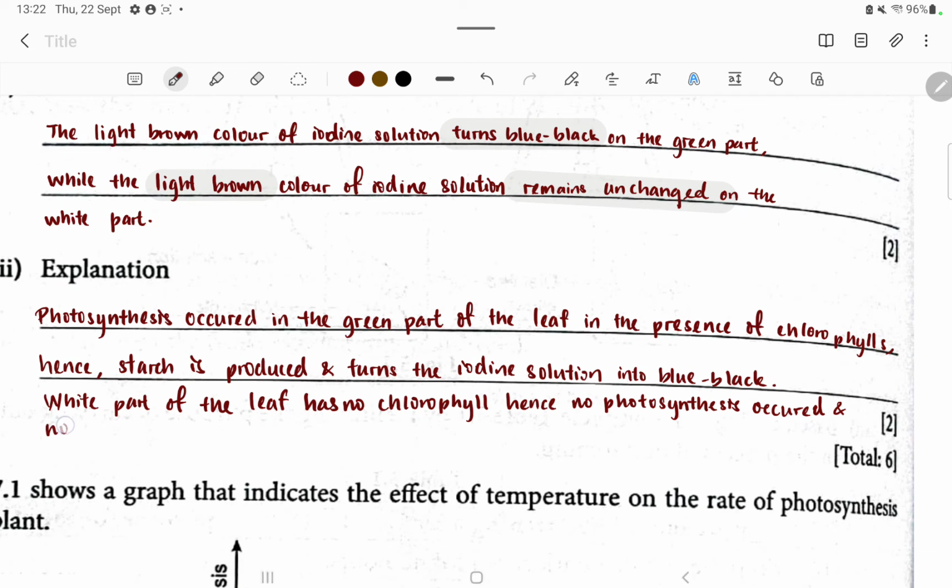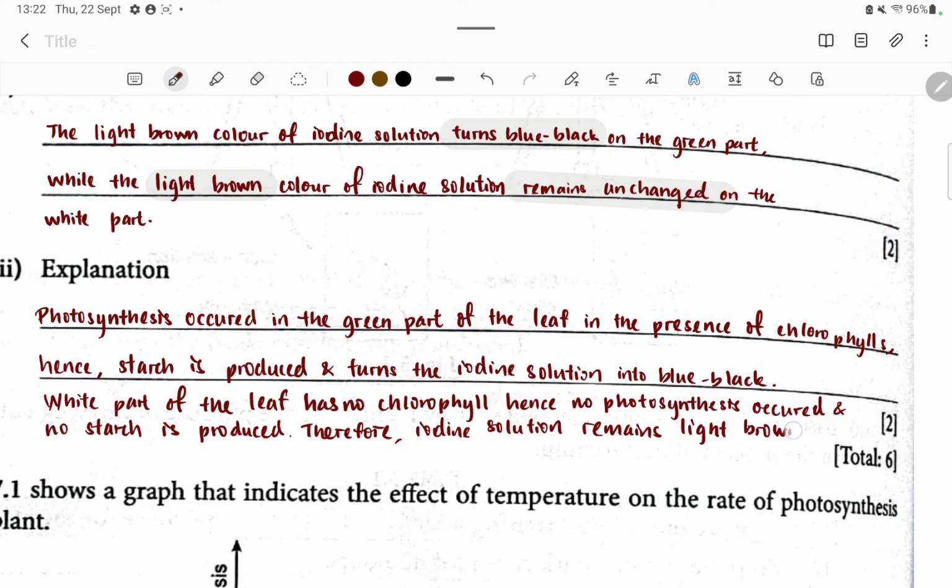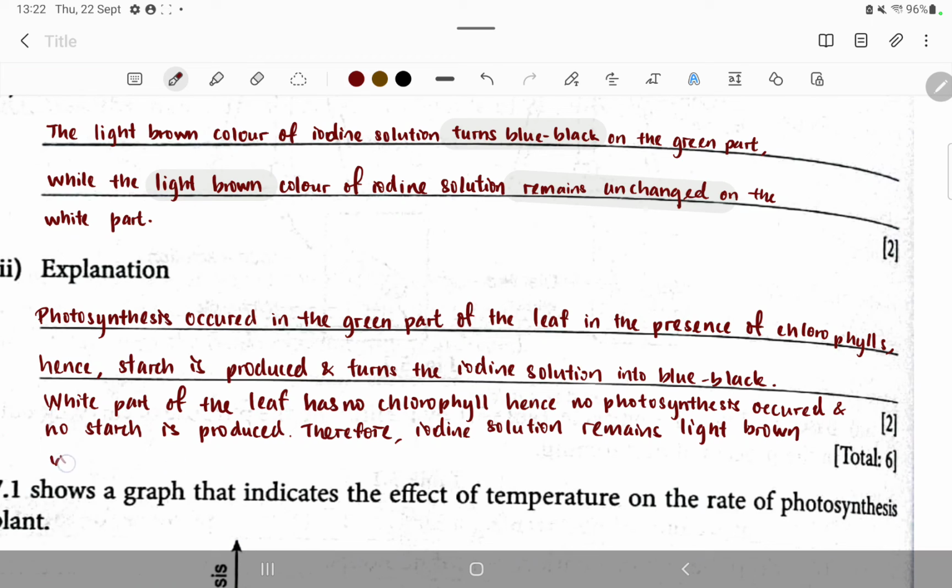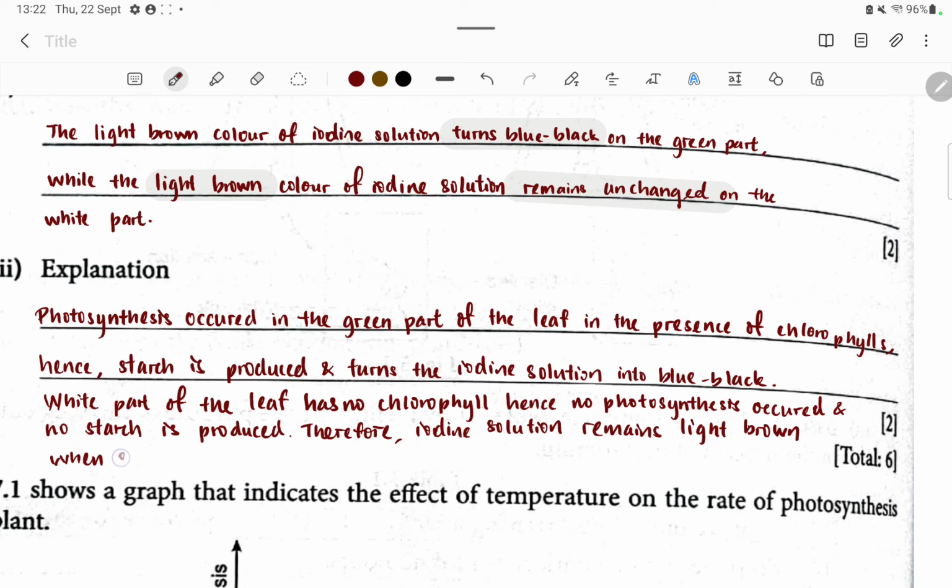And no starch is produced. Therefore, iodine solution remains light brown when starch is absent.